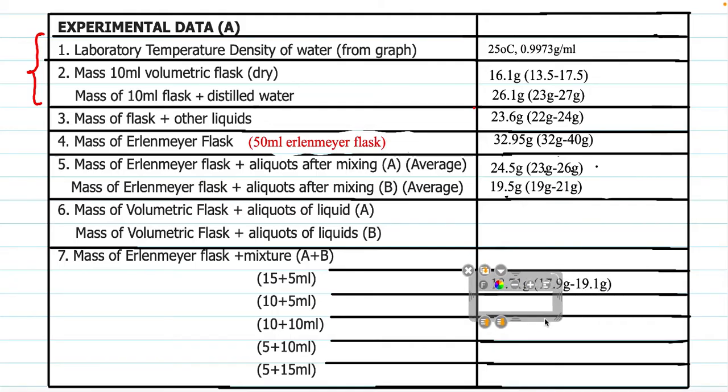All right, so for the second one, we have 13.71 grams. The range of these values, if your answer falls within this range, you're definitely still going to be correct. So if you have 13 to, let's say, 14.5 grams, you're still very correct here.